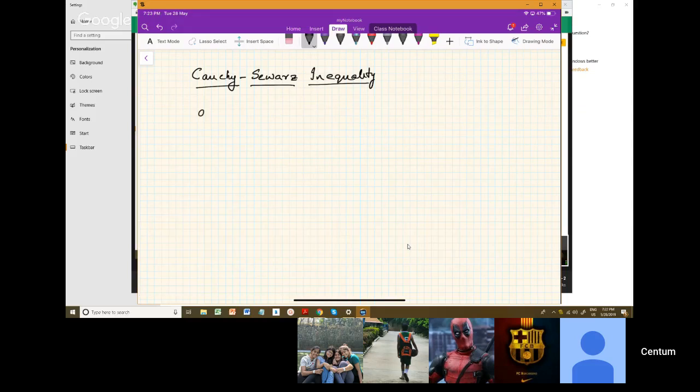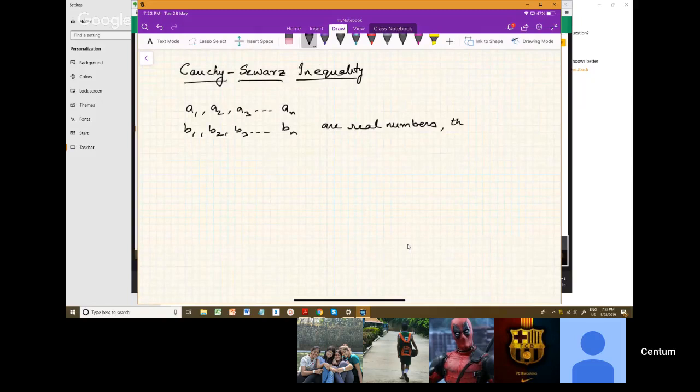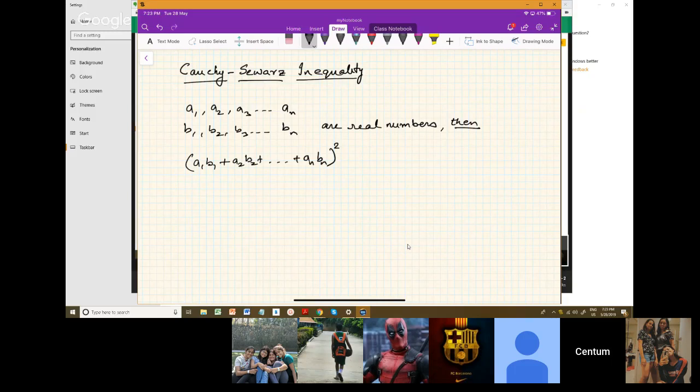Again, if A1, A2, A3, dot dot dot AN, and B1, B2, B3, dot dot dot BN are real numbers, then (A1 B1 plus A2 B2 plus dot dot dot plus AN BN) squared is less than or equal to (A1 squared plus A2 squared plus dot dot dot AN squared) into (B1 squared plus B2 squared plus dot dot dot BN squared).